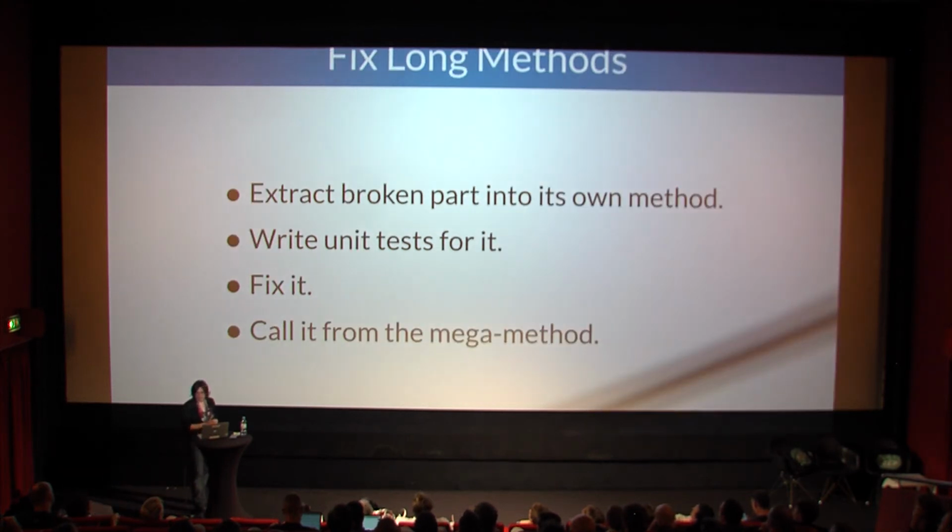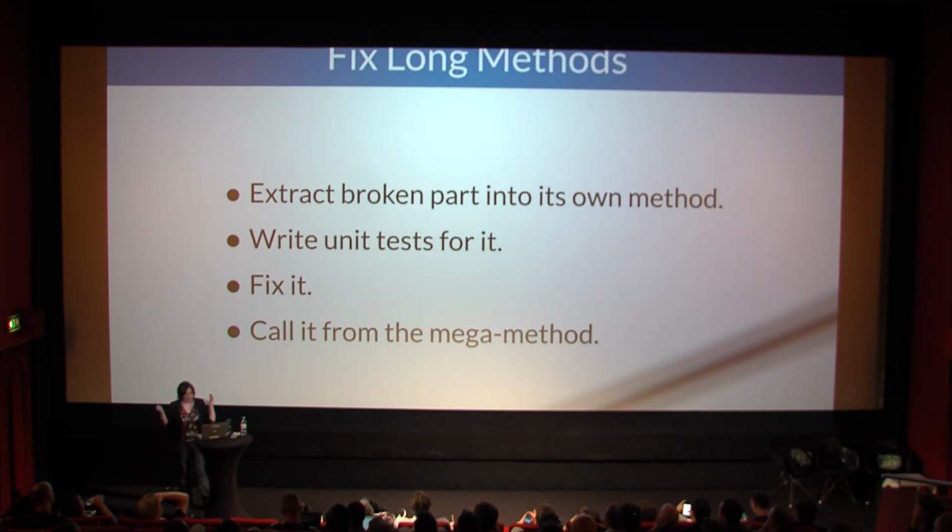What you have to do after that is look at long methods. So we deduplicated code. Basically, we try to reduce the amount of code running. When you have to fix a long method, let's say a method of 800 lines and you need to fix that tiny bug. You pinpointed the bug, you know it's here.